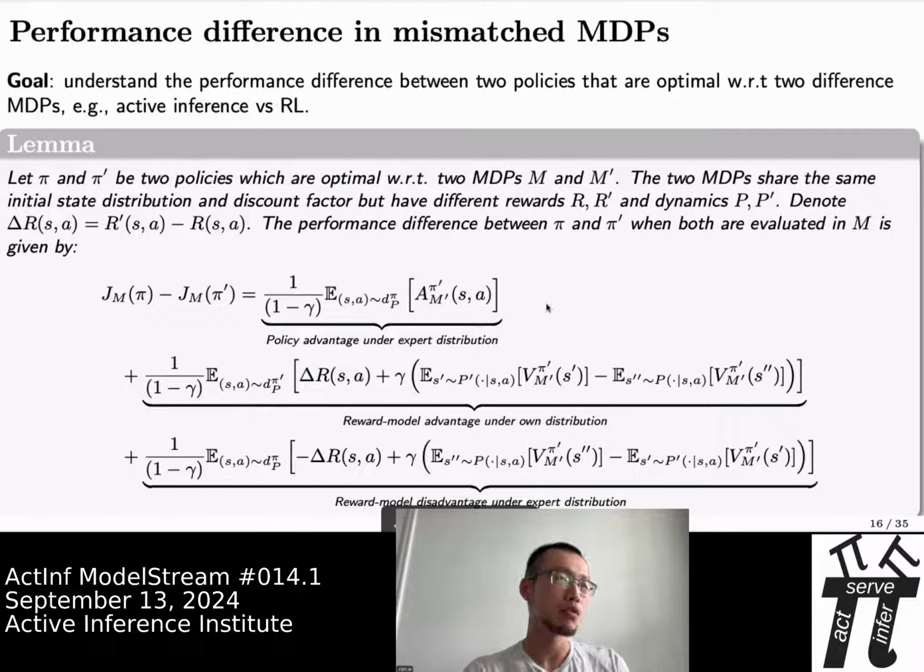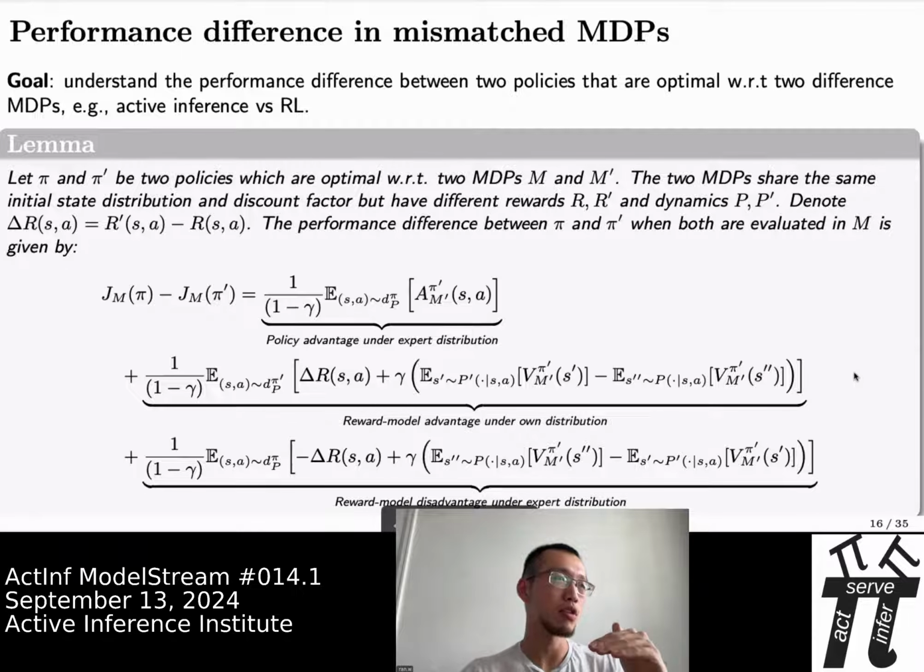You can understand this relationship by saying that if R and R prime are equal, and P and P prime are equal, then there's no reward or model advantage or disadvantage between the two policies. Because of that, there's also no policy advantage, and then the regret would be 0.